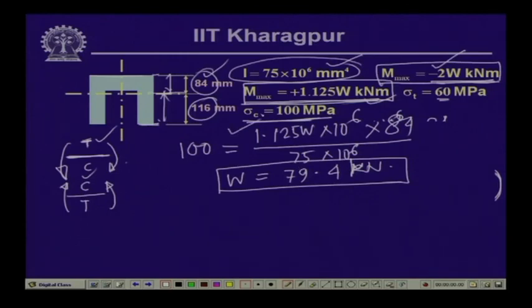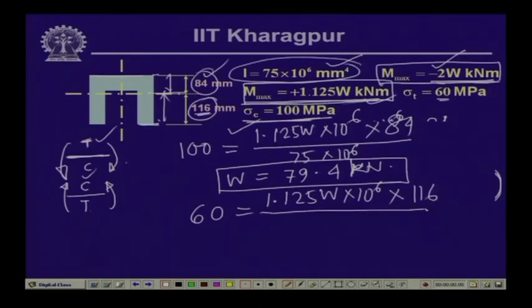Corresponding to this particular moment, if we compute the stress at the bottom, which is a tensile stress, it is 60. Now, 60 equals 1.125 W into 10 to the power 6 into the distance of the bottom fiber from the neutral axis, which is 116, divided by I, which equals 75 into 10 to the power 6.